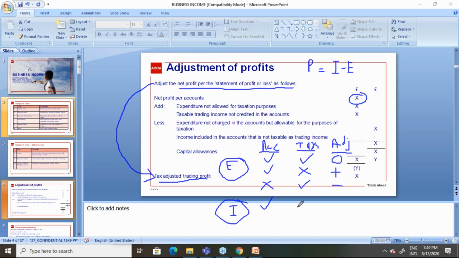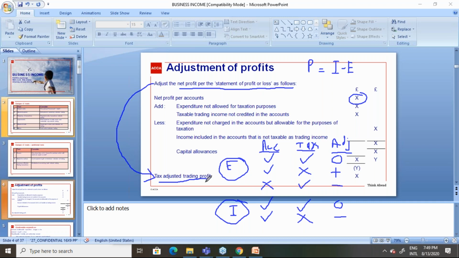Some income is chargeable and taxable in both accounting and taxation, then no adjustment is required. Some income is recognized in accounting but not taxable in taxation, then you need to deduct that kind of income. For example, rent income, interest income, dividend income, profit on disposal of assets are added when calculating the accounting profit.